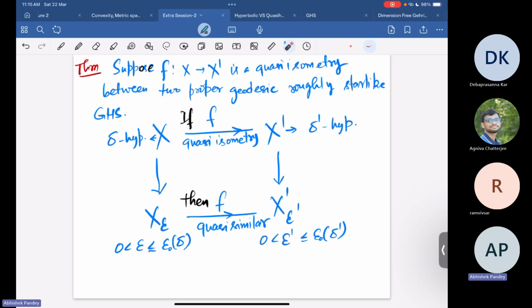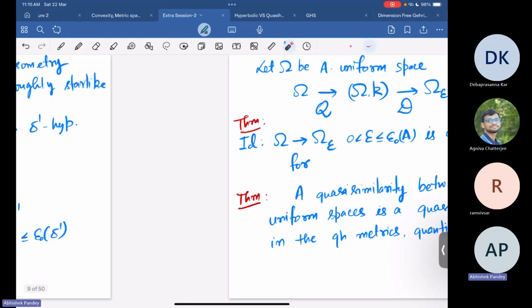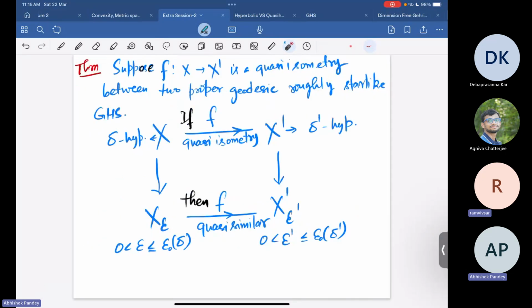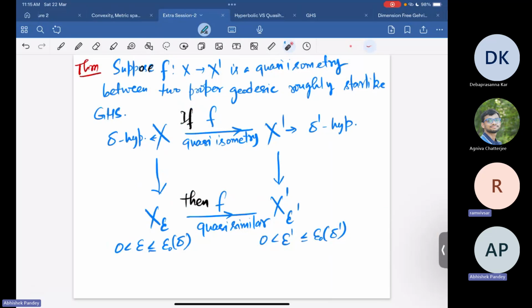And the next result will say that the quasi-hyperbolic... Yes, hello, can you please show me the last theorem? That is between two proper geodesic and roughly star-like, what is that written? This is a notation, another property of the space being roughly star-like.